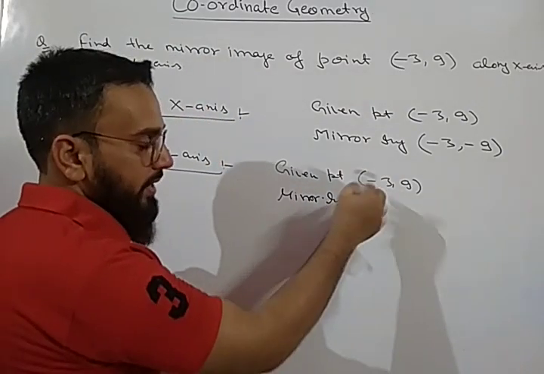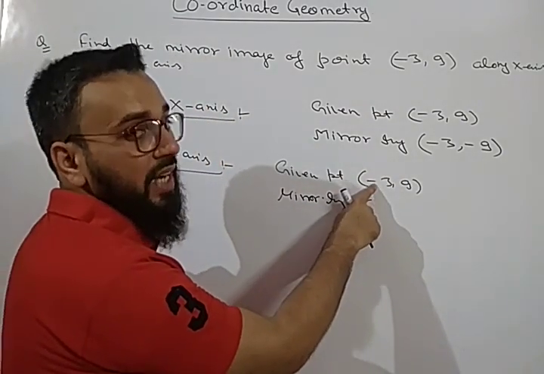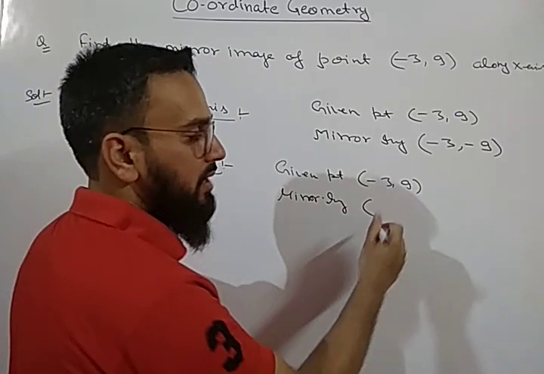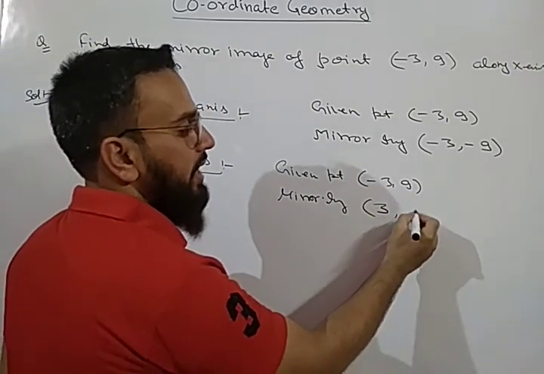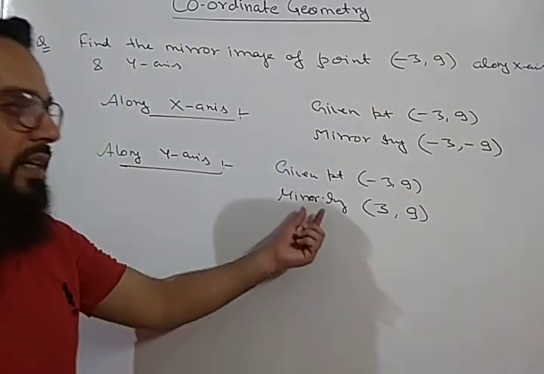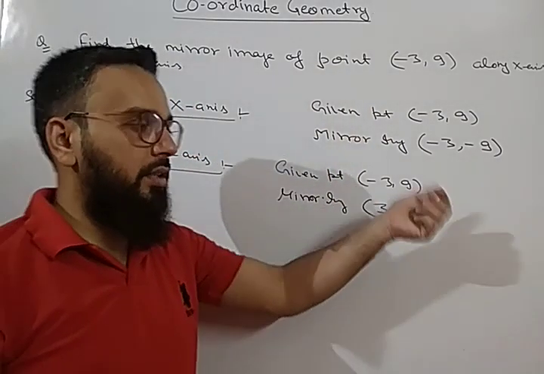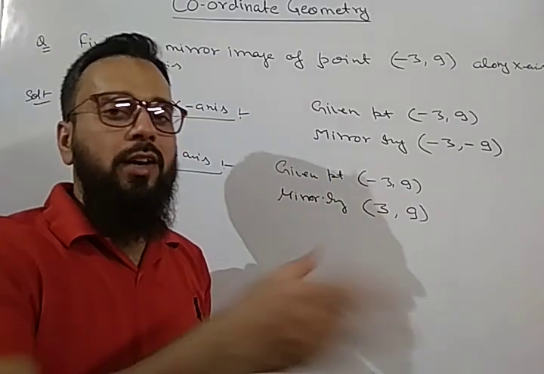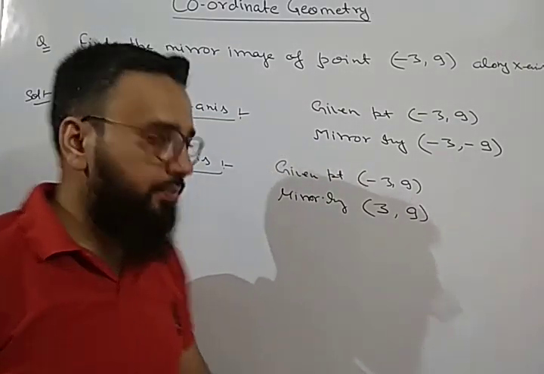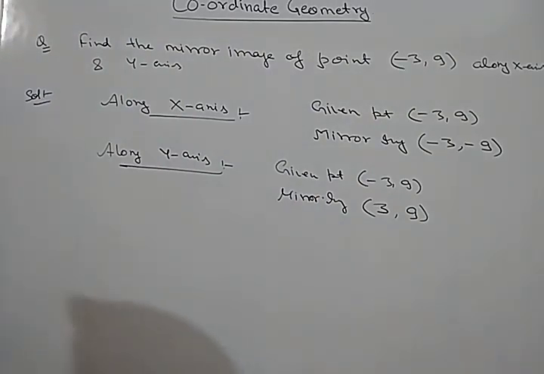Now in the given point, x coordinate is with negative sign. So what will be its sign in the mirror image? It will be positive. So minus 3 will become plus 3 and 9 will remain same. So this will be the mirror image of minus 3, 9. In this way you can find the mirror image of any point along any axis. Clear? We'll discuss more questions later on. Note it down.